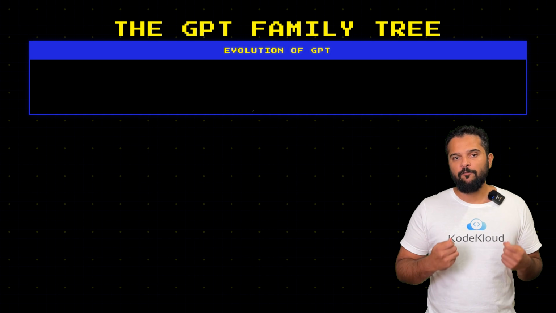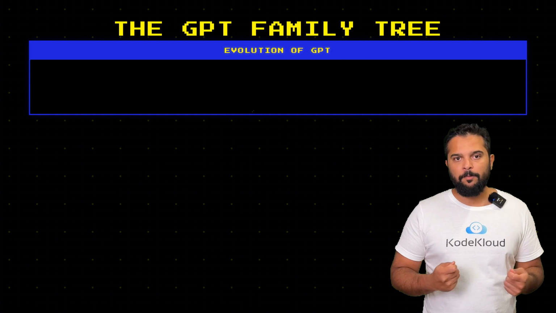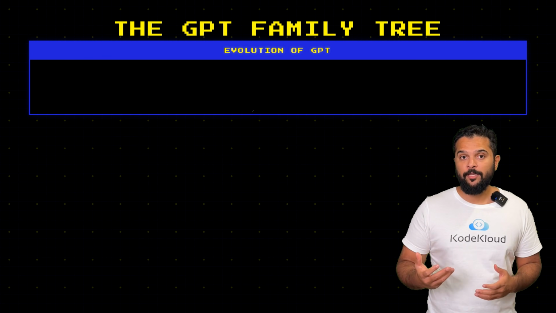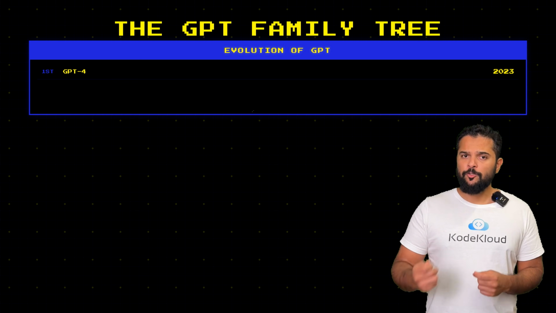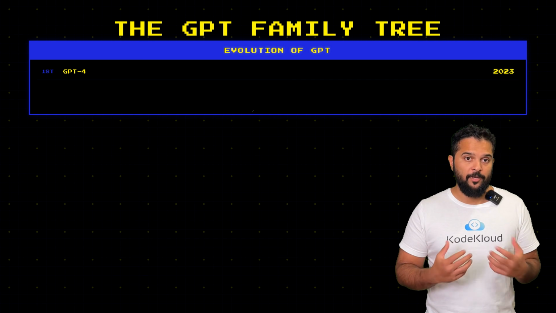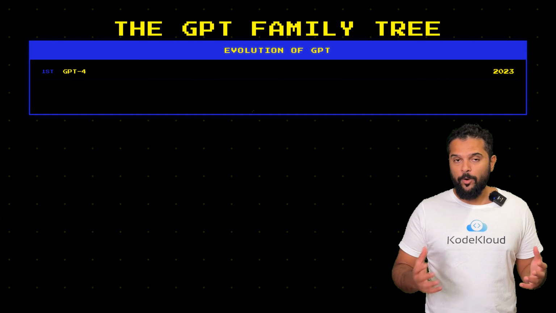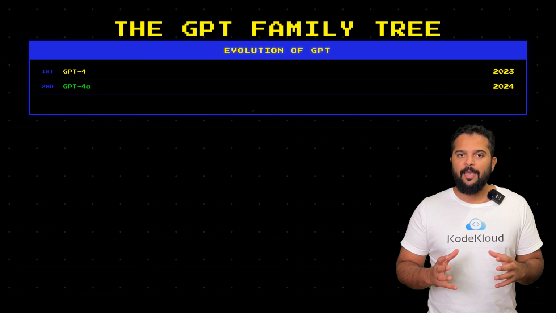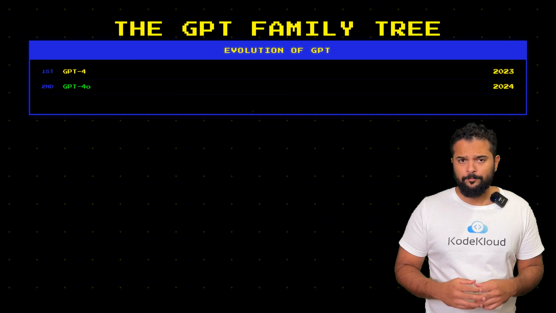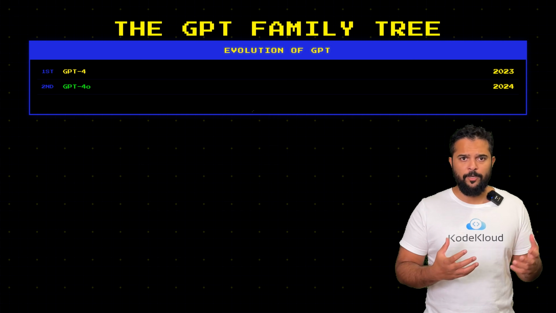GPT is a family of models that have gotten more capable over time. GPT-1 came out in 2018 and proved that the concept works. GPT-2 followed in 2019 and was good enough that OpenAI initially worried about misuse, and GPT-3 launched in 2020 and was a real breakthrough. It could write essays, code, and more.